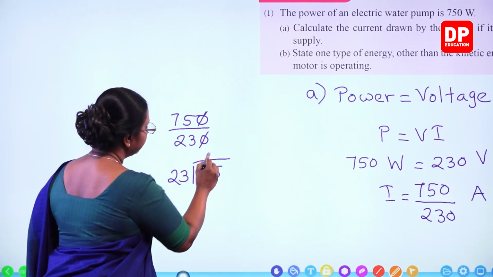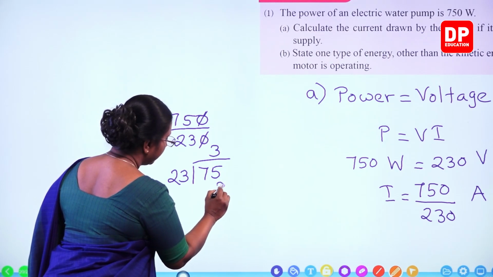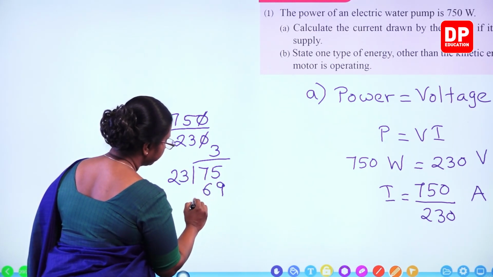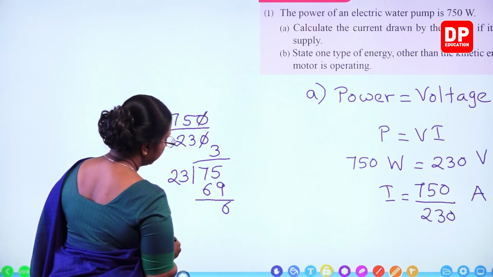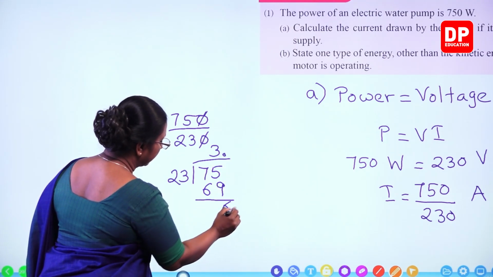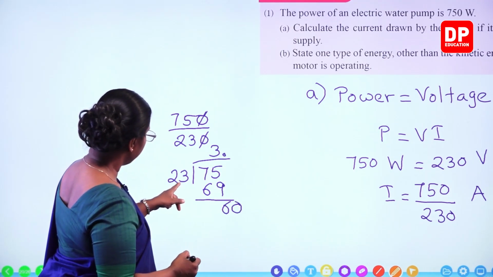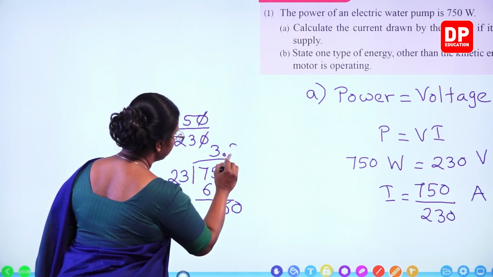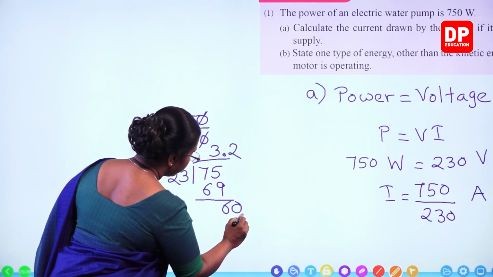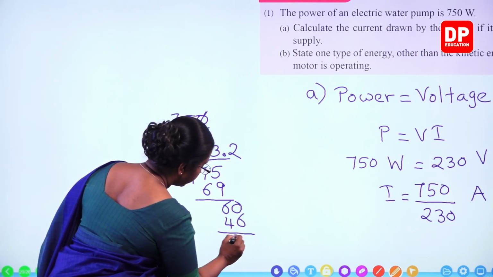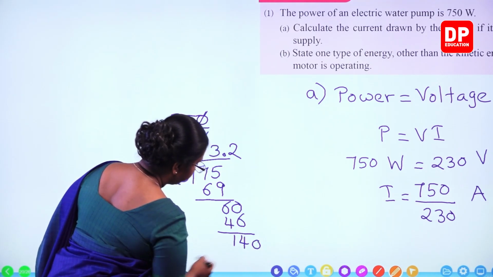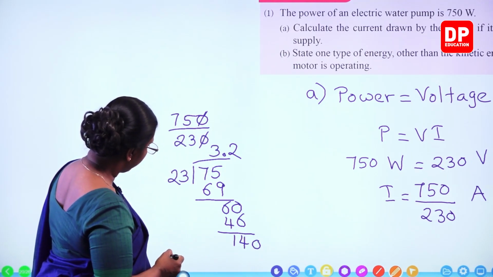You can see 3 times. 3 into 3, 9; 3 into 2, 6. So there are 6, so decimal 60. Then of course you will have 2 times, so it is going to be 6, 4, 46, 14. So that is going to be 140.